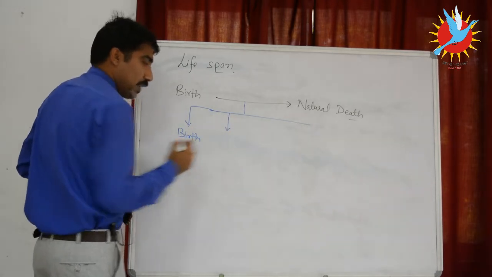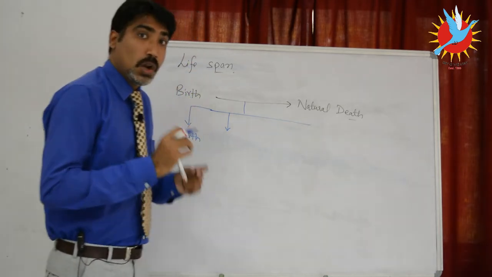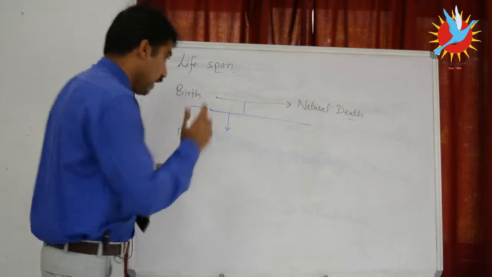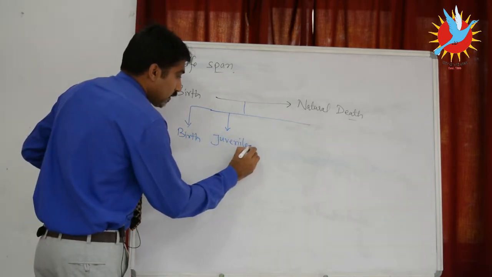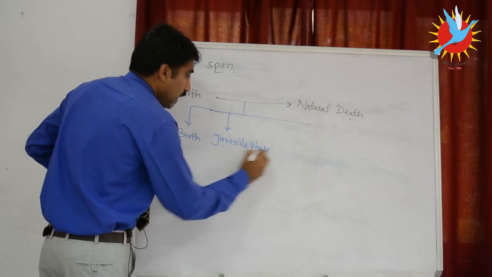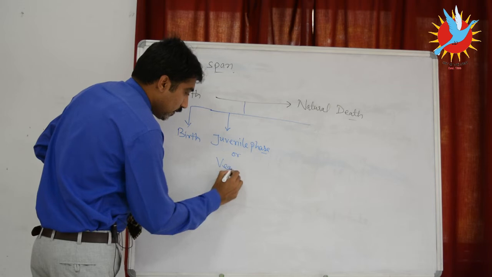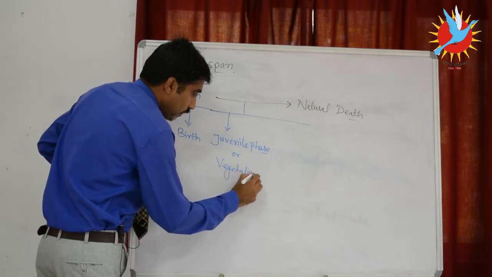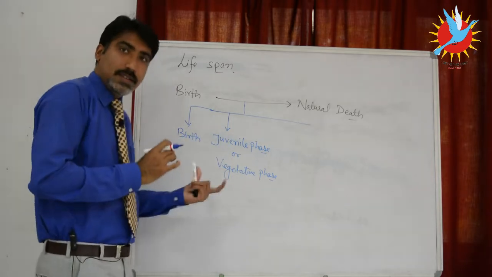The second phase is a very important phase because it is a non-reproductive growth phase. In animals, this phase is known as the juvenile phase, while in plants it is known as the vegetative phase. So in short, this is a growth phase.